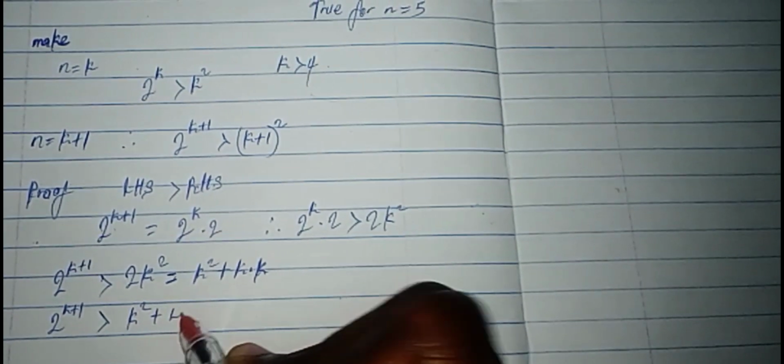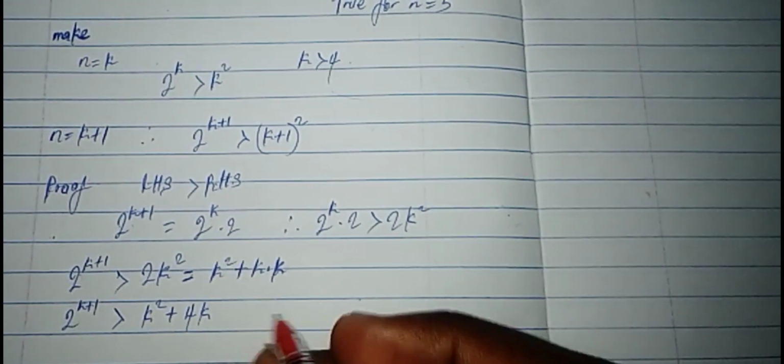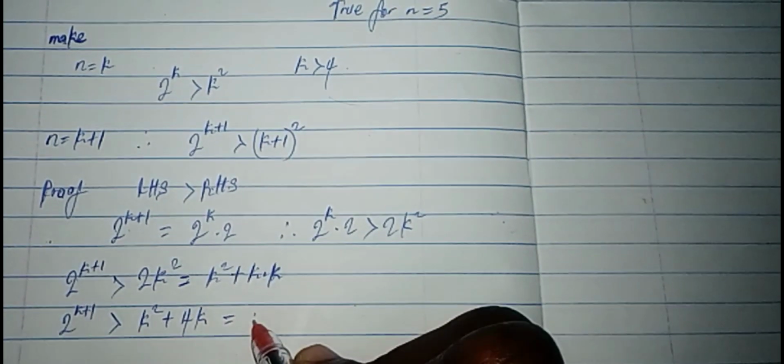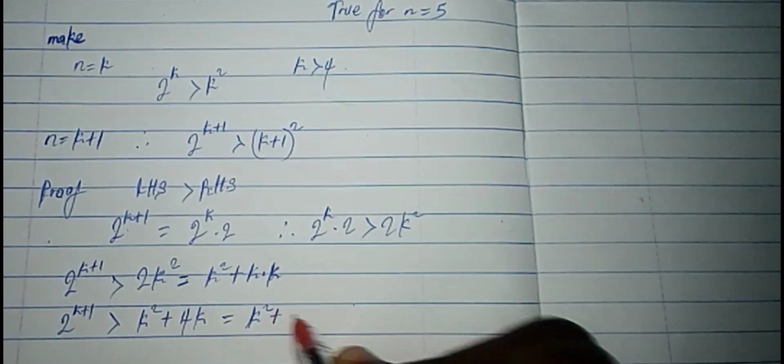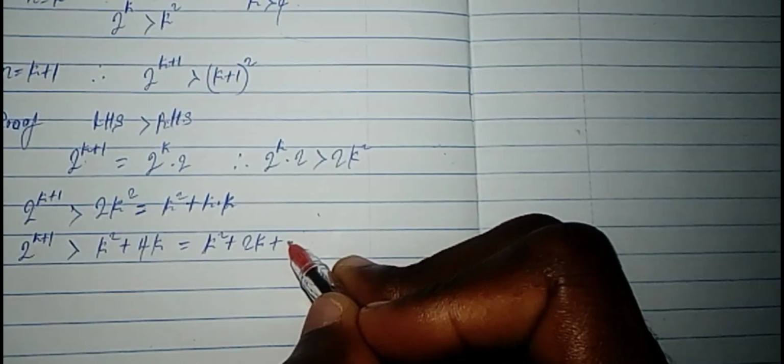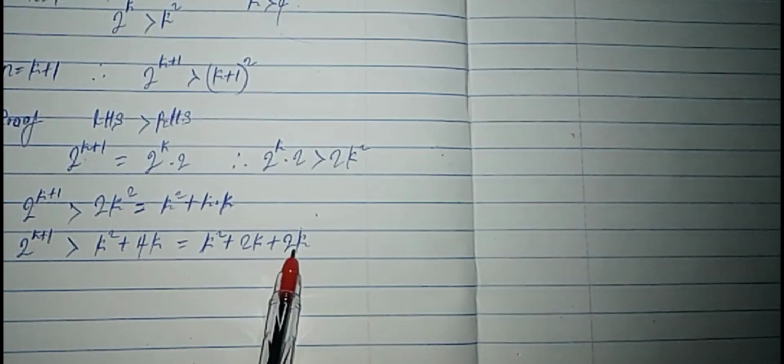And if we do so, we get that 2 raised to power k plus 1 is then greater than k squared plus 4k. What else can I reduce this as? This can be reduced as k squared plus 2k plus 2k. So now, this is actually equal to this.